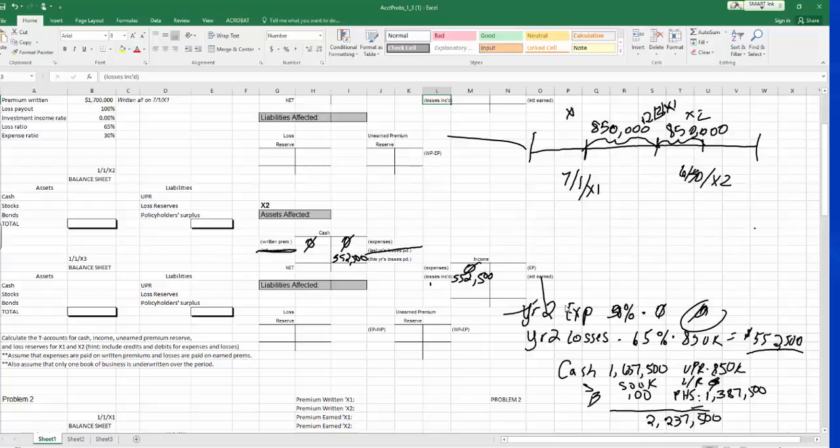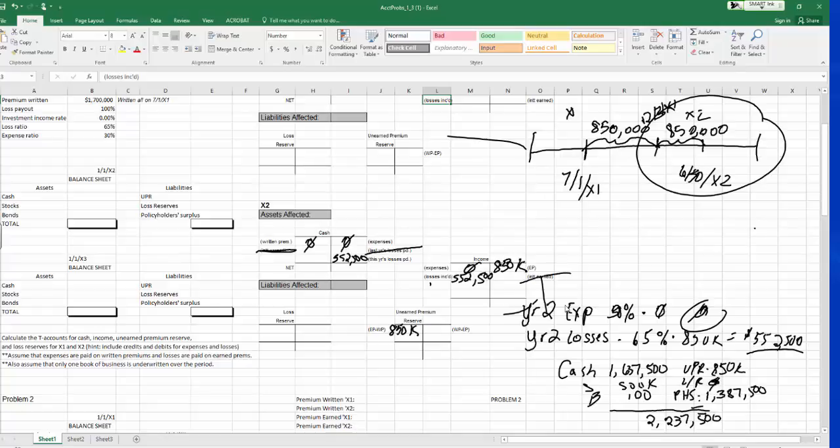Now we did earn some premium from last year. Our last year's unearned premium reserve was 850,000. So that 850,000 must be earned this year. It is in fact earned in year 2. And that same 850,000 will show up in income. So it is a credit to income.